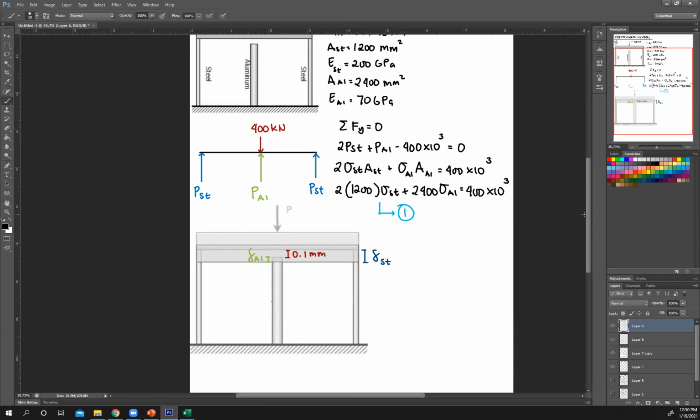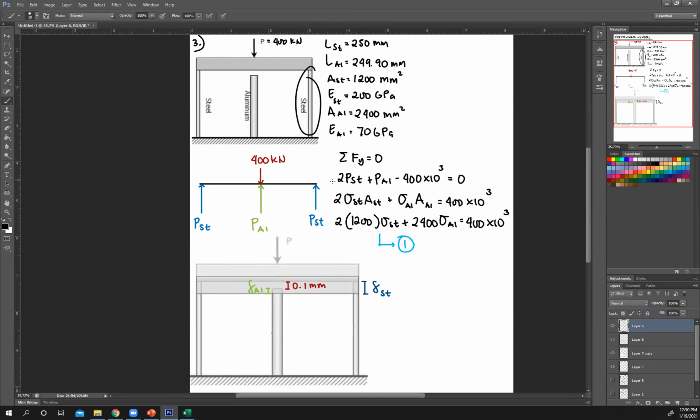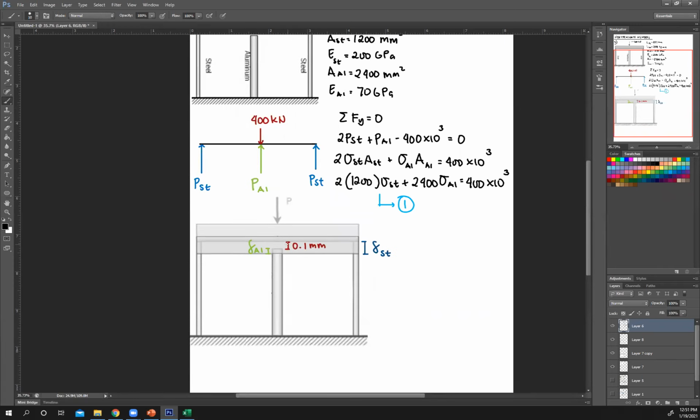Since this length is 250, your steel member, and this length is 249.90, the difference between those two is the height of your gap. So 250 minus 249.90 is just 0.1 millimeters. So this gap right here is 0.1. Now looking at the drawing, I can create an equation.